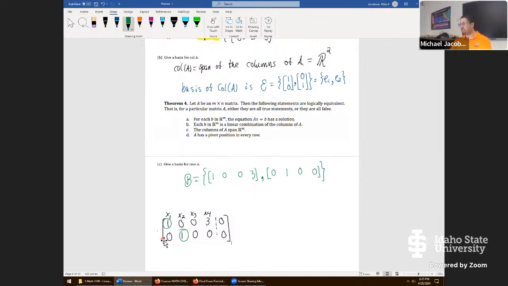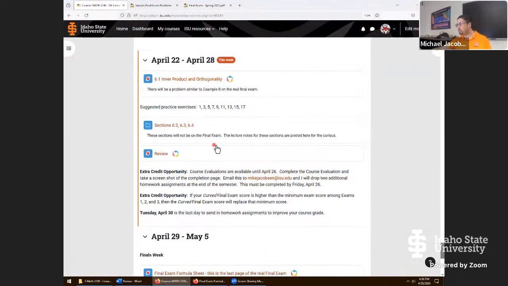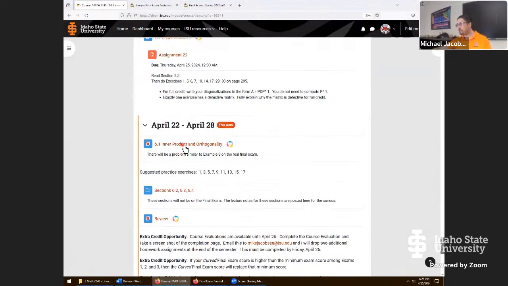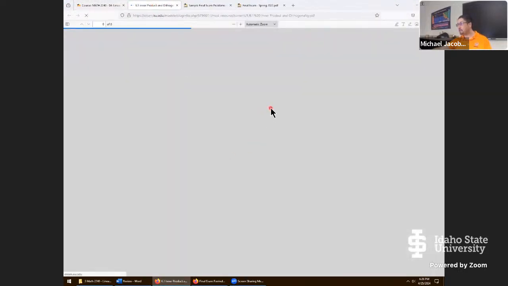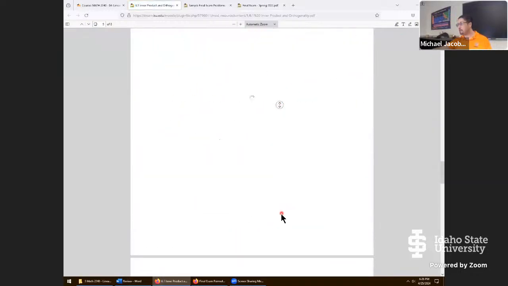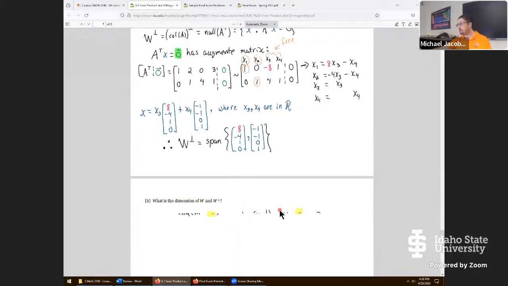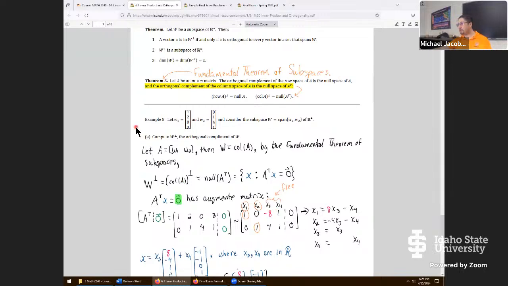Why didn't we do the row space? Well, the reason for that is our author himself cited that when we were in this section, that he wasn't going to actually put any homework questions relative to this theorem, even though it is in the book.